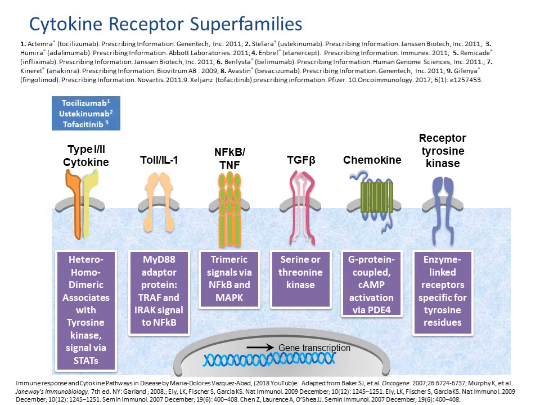So as an example, the different drugs that will be used or blocking in the different superfamilies we have for the type 1-2 cytokine. There are different examples. We have extracellular tocilizumab, ustekinumab, and intracellular litfulo tofacitinib as examples. There are many other examples of these binding.